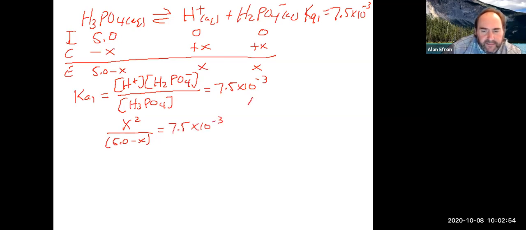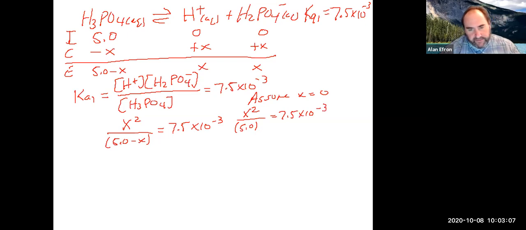I'm going to assume that x is equal to 0 here. Give it a go. That gives me x squared over 5 equals 7.5 times 10 to the -3. So I'm going to multiply 5 to the other side. I'm also going to take the square root there. So 5 times 7.5 to the -3 and a square root of it. Going to give me something, we'll call it 0.194.